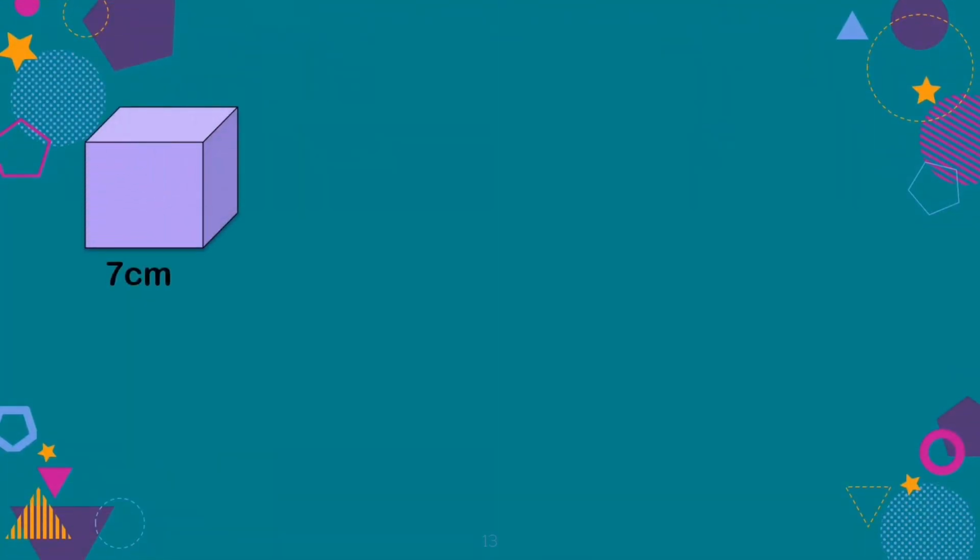So here is the Rubik's cube. Its edge is 7 cm. So we will use the formula volume equals edge times edge times edge, or edge cube. So the size of each edge is 7 cm. So we will substitute E to 7.